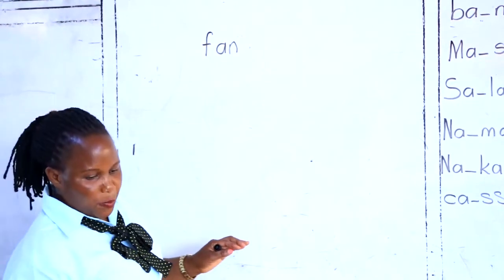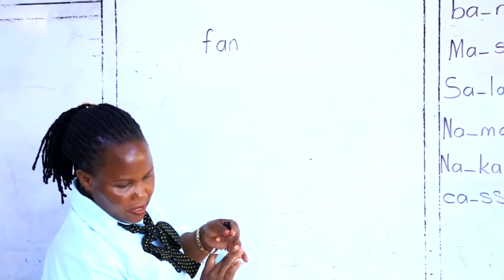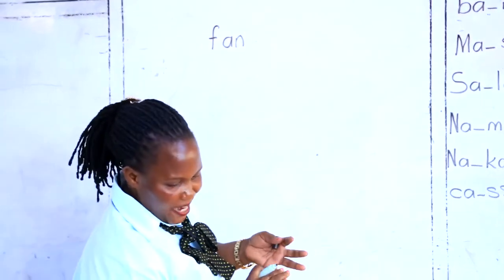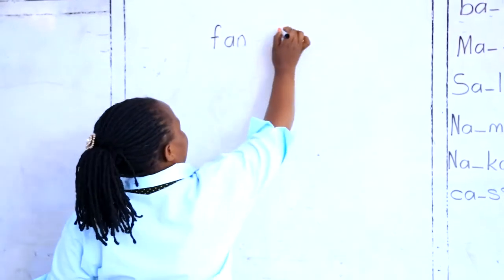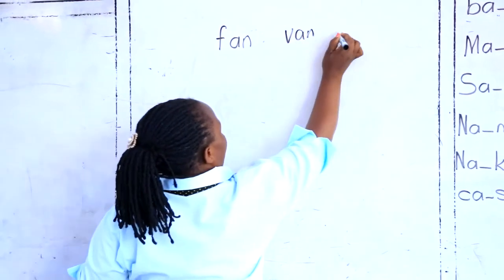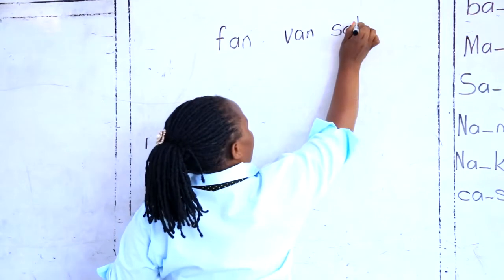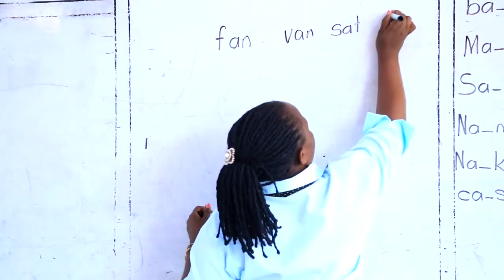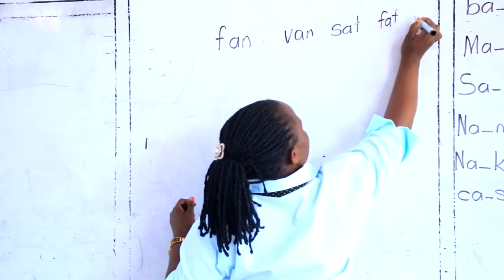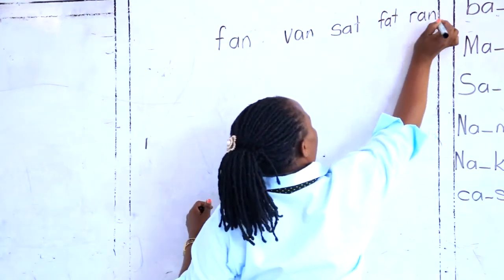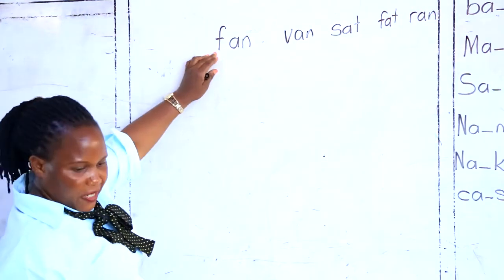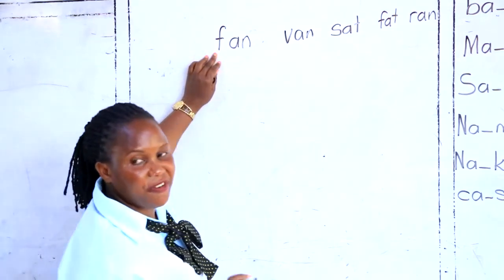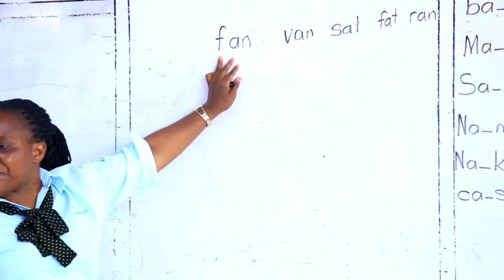When you look at these pictures, there is van, we have sat, fatty, and run. So we are looking at the first picture. The first picture is of a fan. That's why I've used the word fan here.